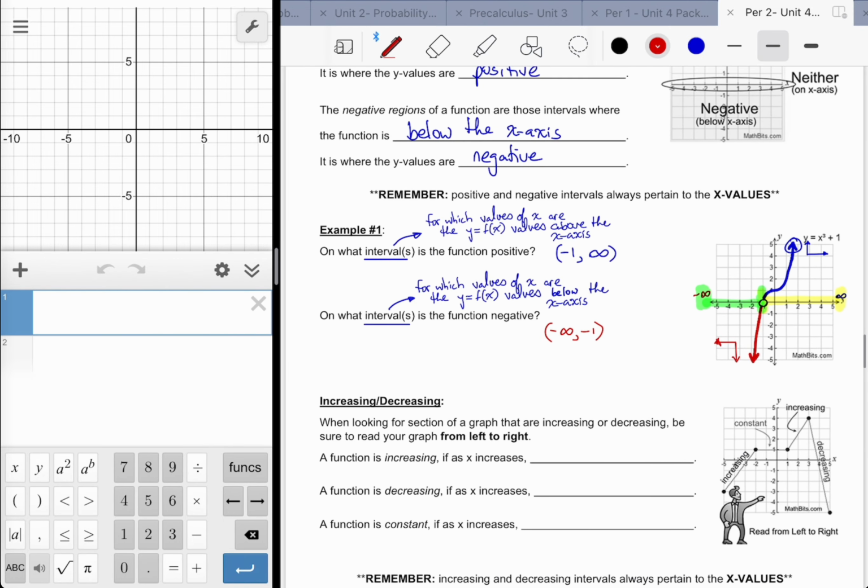Now, increasing, decreasing, and constant. It's not in the title, but constant we'll be discussing also. A function is increasing if as x increases, y increases. Slope is positive. Goes uphill.